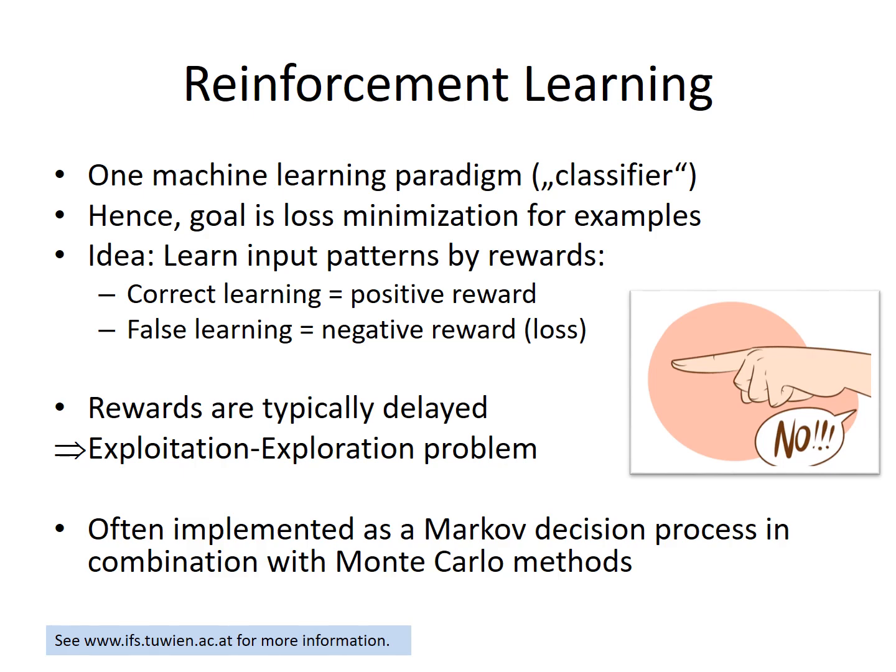So this is one of the subdisciplines of machine learning, of classification. Your goal is always to act as well as possible. That means to minimize errors. These errors are called in the terminology a loss. You want to minimize the loss. There are different loss functions, but that would lead us too far.